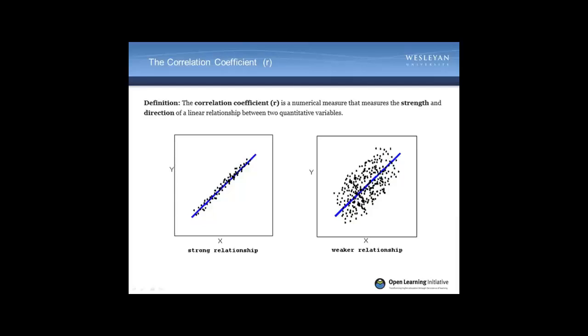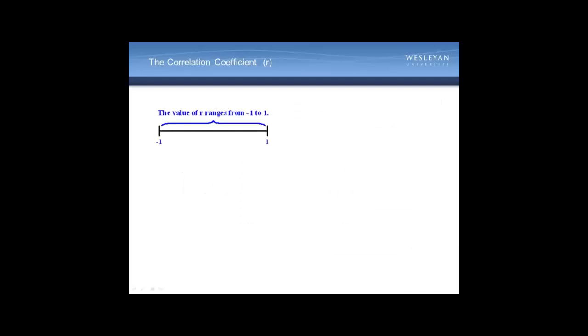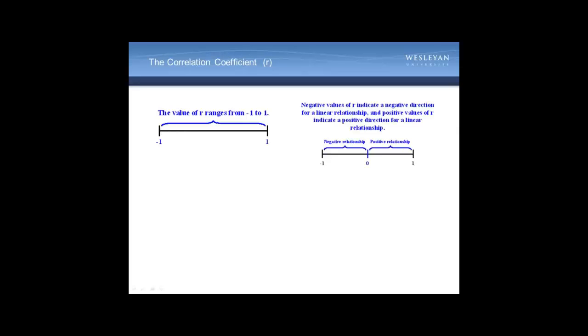The correlation coefficient, usually indicated with a lowercase r, is a numerical measure that assesses the strength of a linear relationship between two quantitative variables. The value of r ranges from -1 to +1. And not surprisingly, negative values of r indicate a negative direction for a linear relationship between the two variables, and positive values of r indicate a positive direction for the linear relationship.